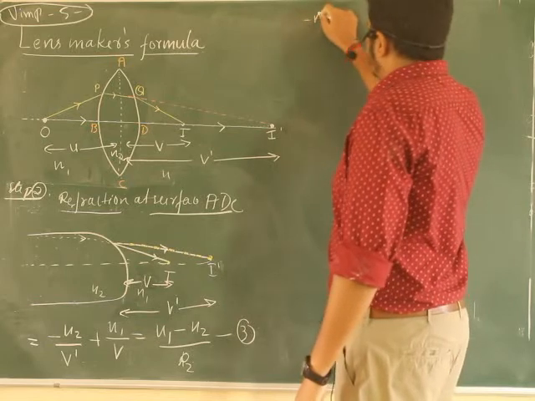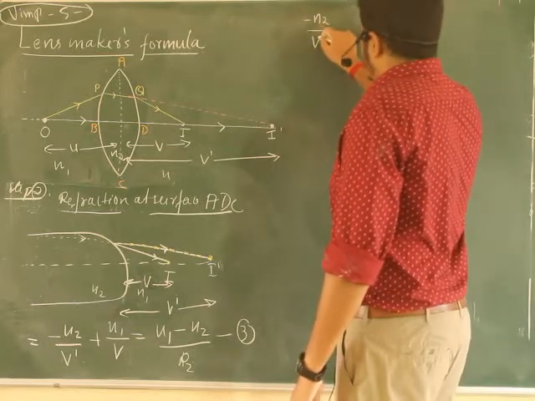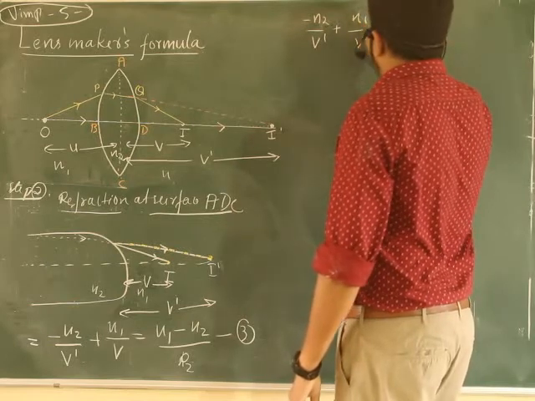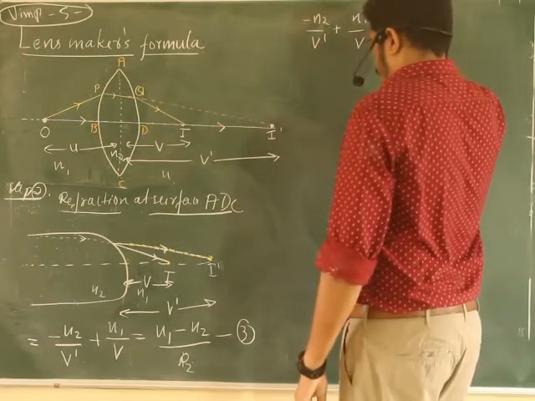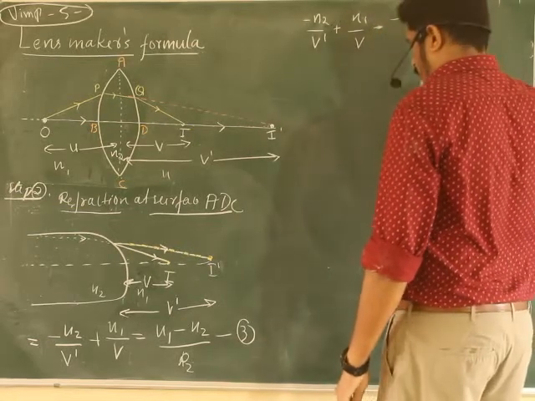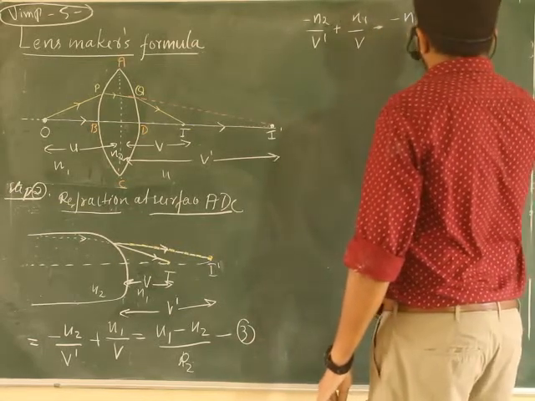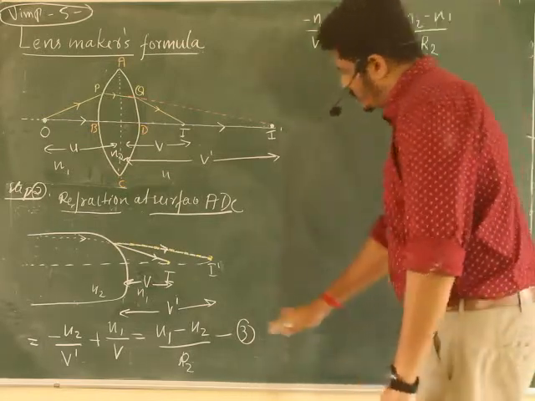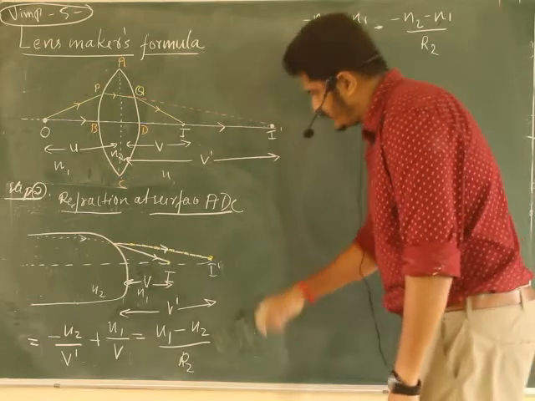Minus n2 by v dash plus n1 by v is equal to minus (n2 minus n1) divided by r2, correct?